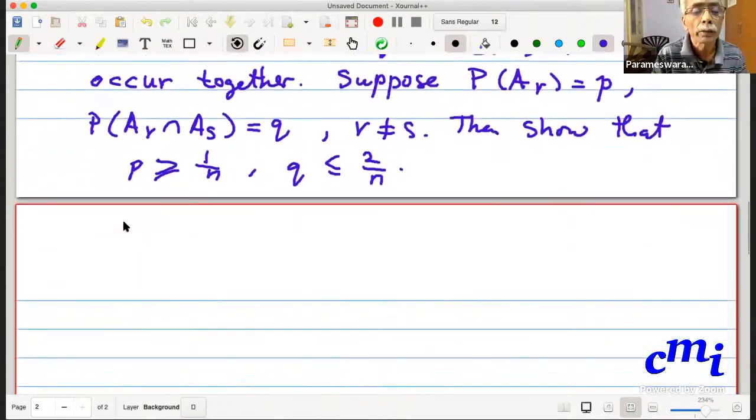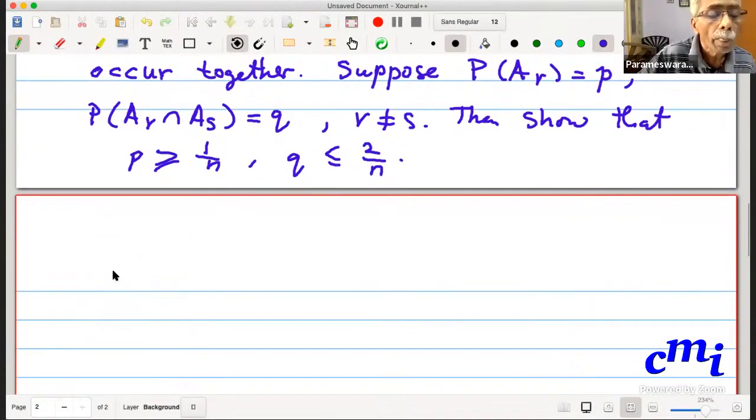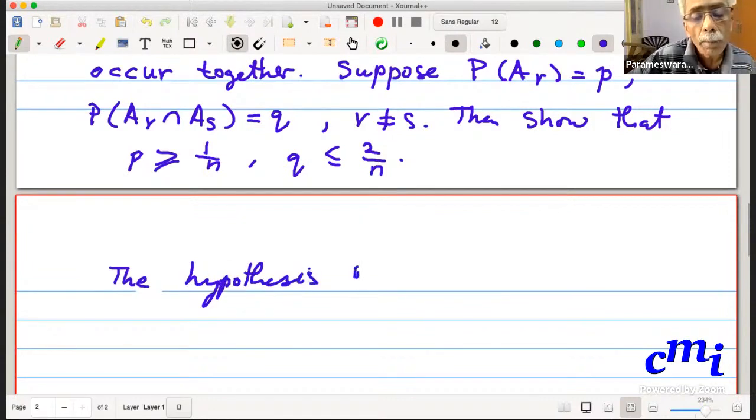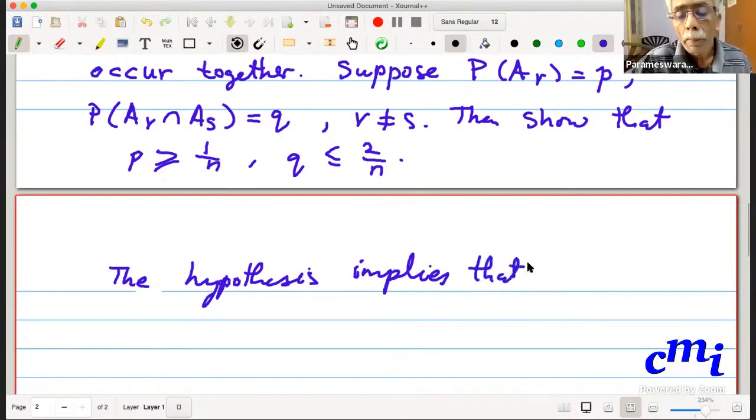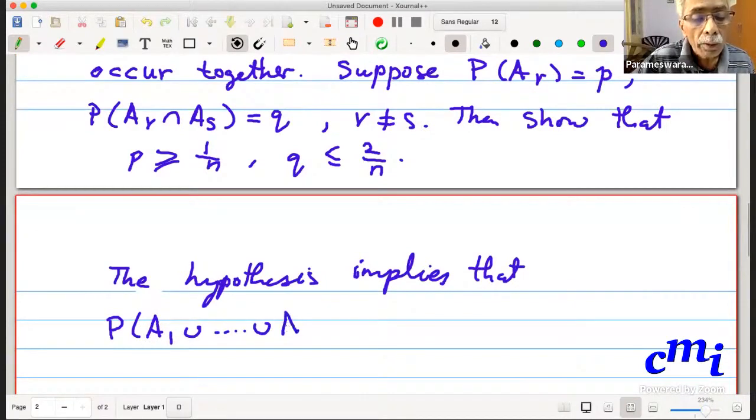So given the hypothesis, this implies that the probability of at least one of them occurring is certain. So if you take the union, that's equal to 1.